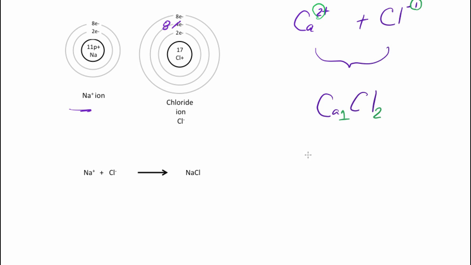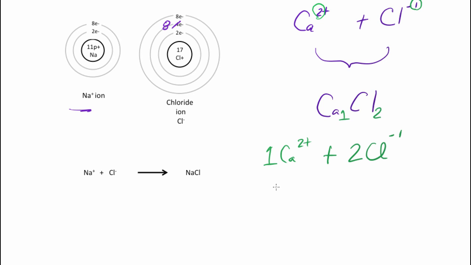What it means is that I have in a crystal of calcium chloride, I have 1 calcium ion, and that's plus 2, right? That's its charge. And I have 2 chloride ions. It's a ratio, really, that says that for every 1 calcium, I have 2 chloride. And again, I'm going to write my negative 1 here.